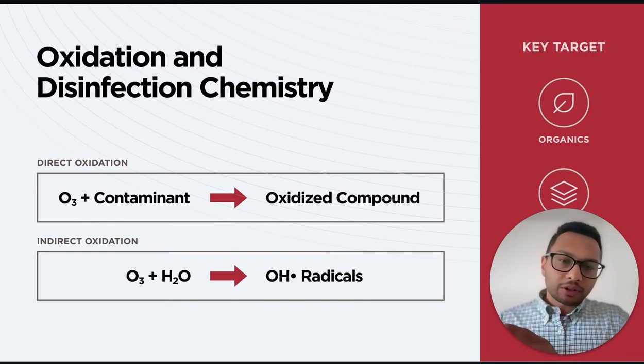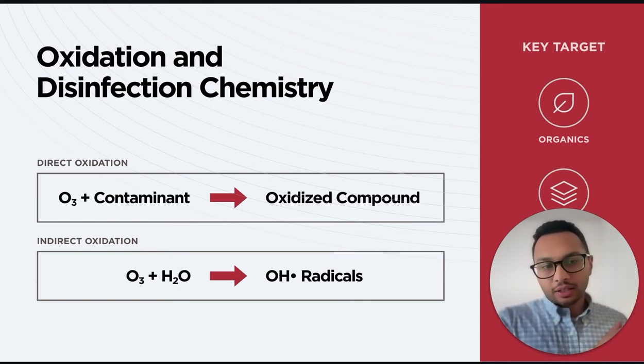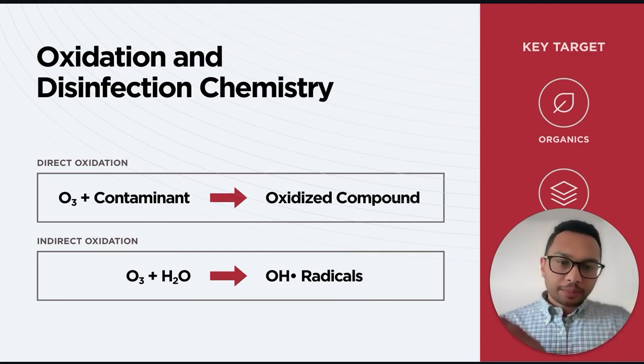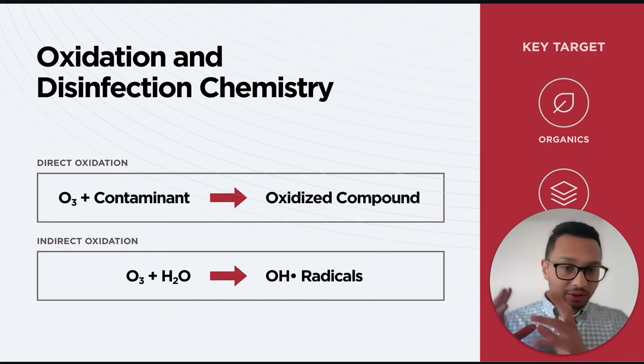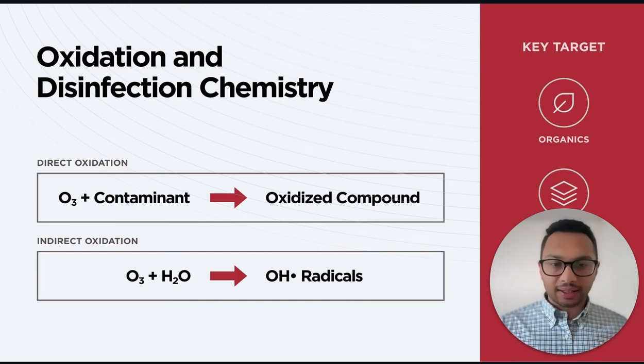The second mode is indirect oxidation, which occurs when ozone decomposes in water to form hydroxyl radicals, especially at a higher pH level or in the presence of certain catalysts. These radicals, denoted as OH, are far more reactive and less selective.